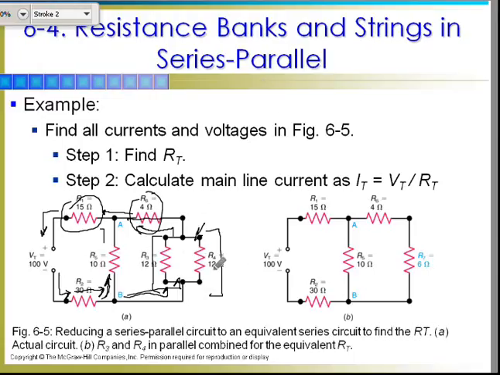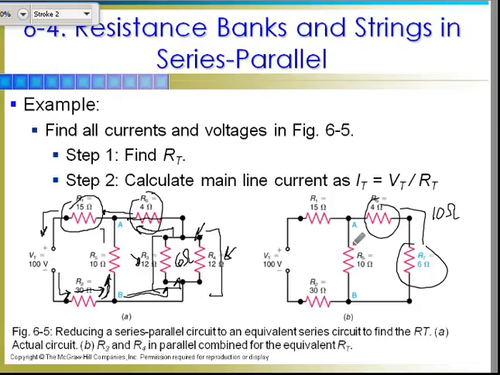I've got 12 ohms and 12 ohms, two identical resistors. So 12 ohms over 2, this is going to end up as a 6 ohm resistor, and it's in series with a 4 ohm resistor. So there's my 6 ohm, there's my 4 ohm. 6 ohms and 4 ohms, so these end up as 10 ohms.